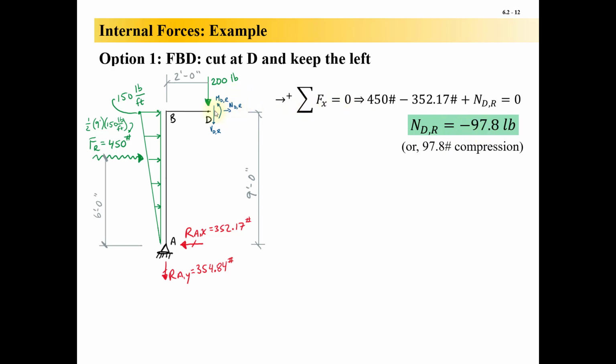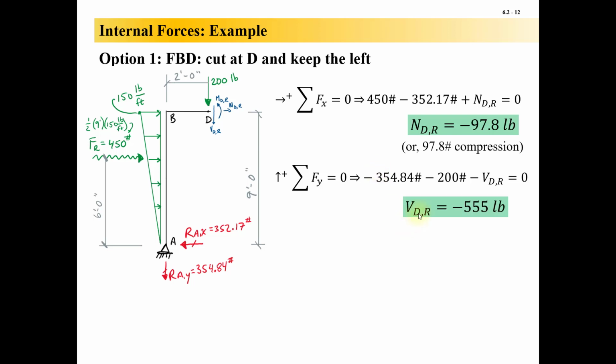So that is the internal axial force at D. To find the shear, I'm going to sum forces in the Y. So I've got minus 354.84 minus 200 minus VDR equals 0. So my shear is going to be minus 555 pounds. So it really is pointing up. No bother. We leave it pointing down since that's the way we drew it, and we say that it's negative.